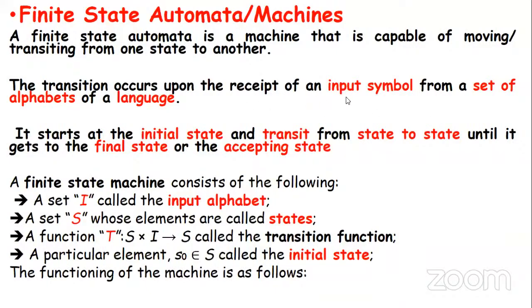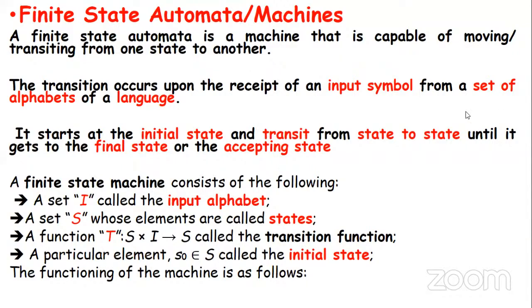We said the input symbols are usually read from left to right, and only one input symbol is read at a time. Upon the reading of one input symbol, there is a transition from a state, let's assume the first state called the initial state, to another state. When it gets to that other state, another symbol is read from the input.